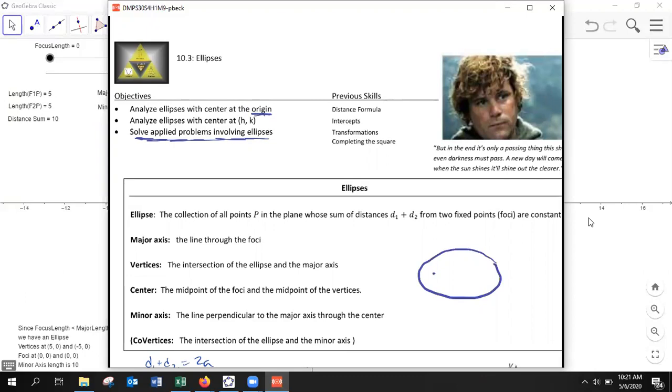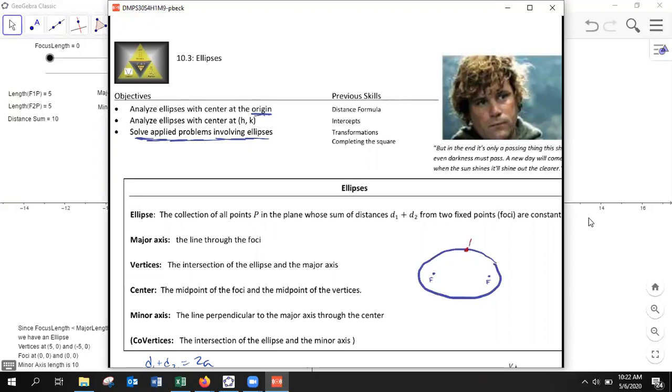It's an oval where, if you have 2 points, which we're going to call foci, you can call them foci or foci, both are acceptable, the ellipse is really the collection of all points where the sum of the distances to the two foci is constant.